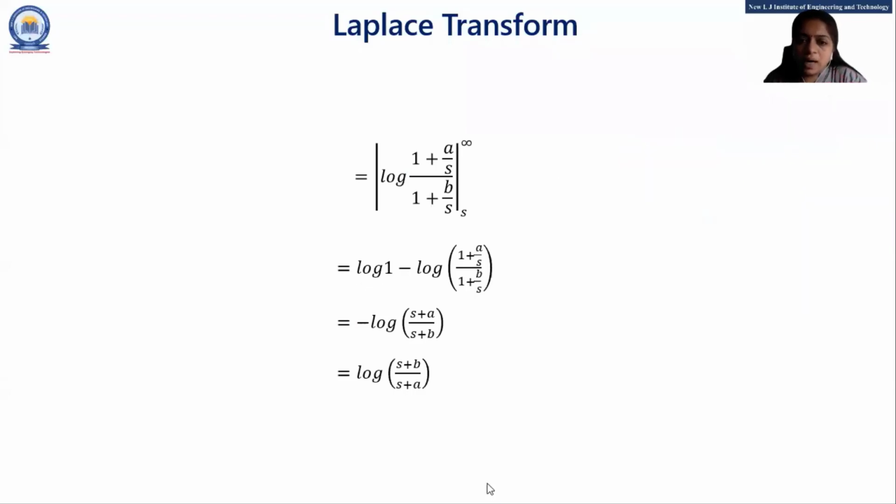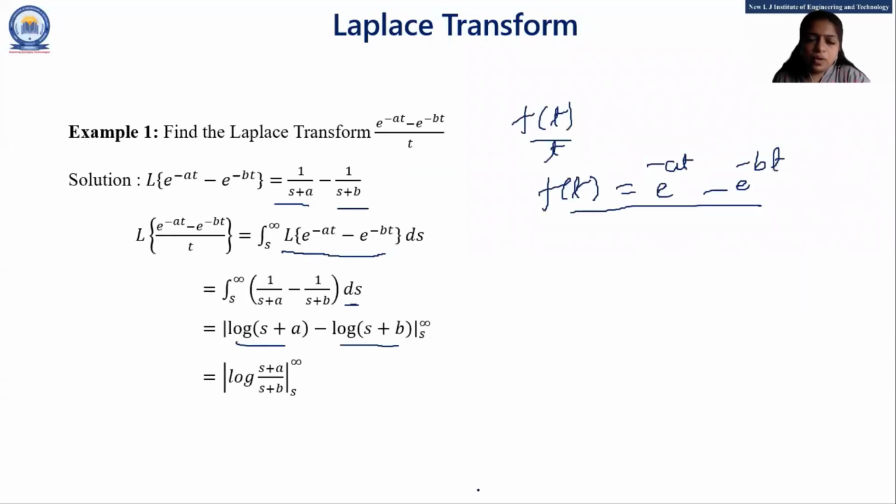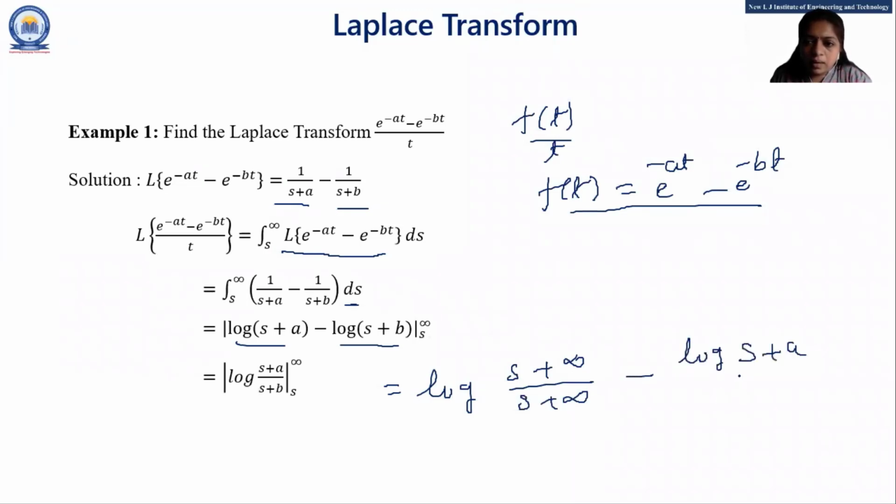You may also directly write here, if you cannot take s common, log of s plus infinity upon s plus infinity, right? And minus log of s plus a upon s plus b. So both are the same, so it will convert into log 1.